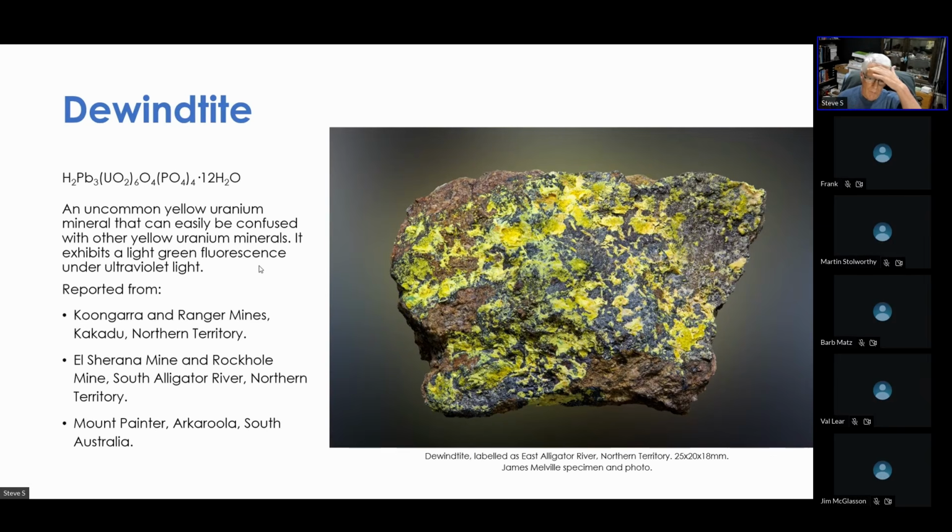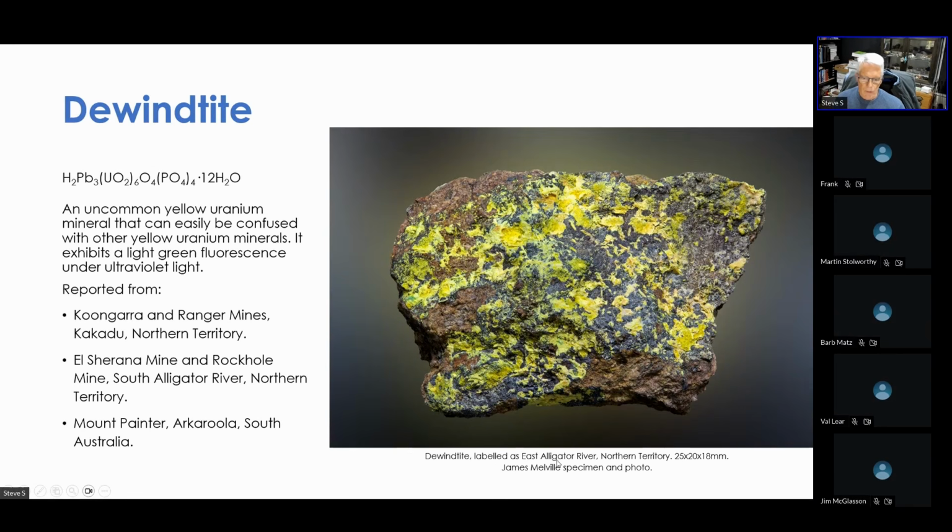So usually you would need to get it analysed to work out exactly what it is. And it's been recorded from 3 more Northern Territory localities. Koongarra and the Ranger mines are separate, and the El Sharana and the Rockhole mines are separate, both in 2 different areas, and also from Mount Painter in Arkaroola in South Australia.